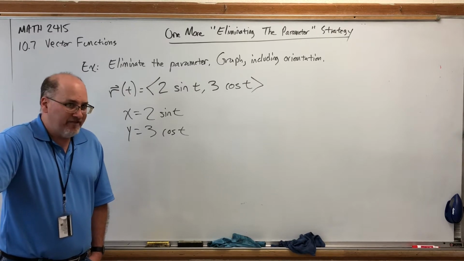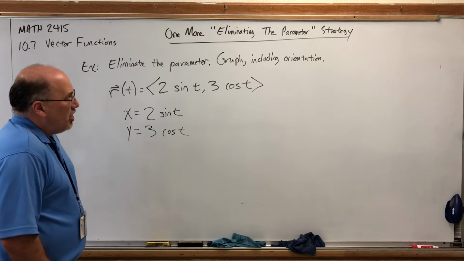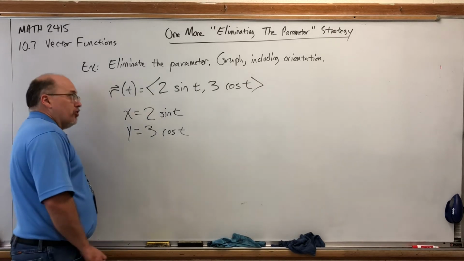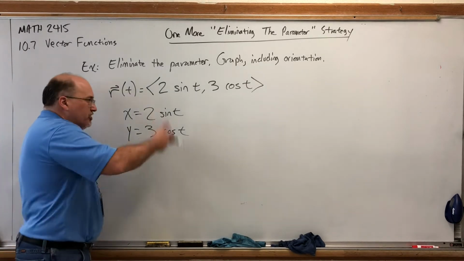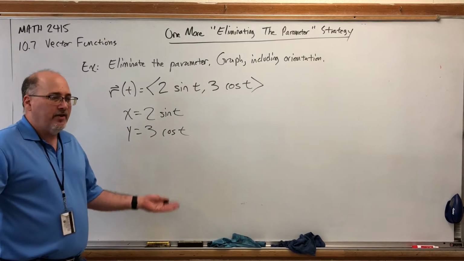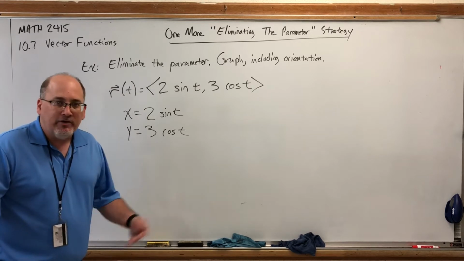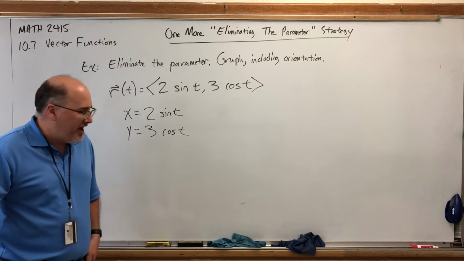Try it if you don't believe me. We can't find an obvious connection between these two like we did in the previous video, where one of them involved cosine, the other one involved cosine squared. So we did a real quick swap out for cosine of t and we changed it to x.